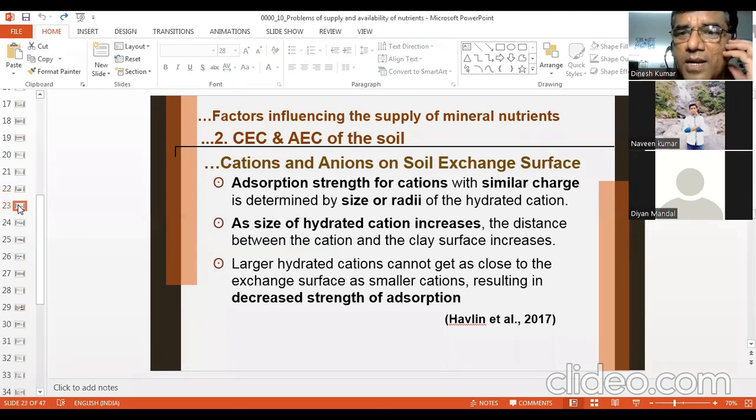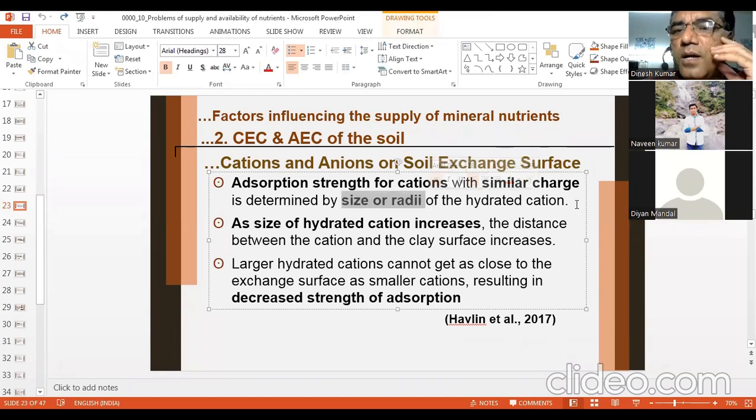Adsorption strength for cations with similar charge is determined by the size or radii of the hydrated cation. Sometimes ions can be hydrated, they can have water. Suppose calcium and magnesium, they have similar charge. Sodium and potassium, they have similar charge.